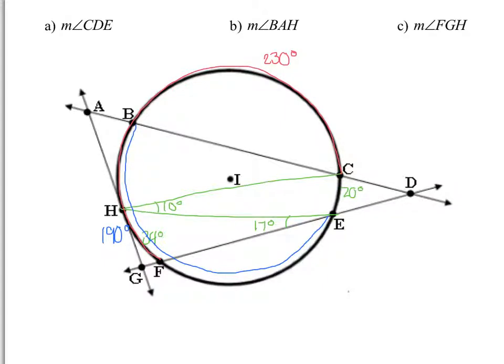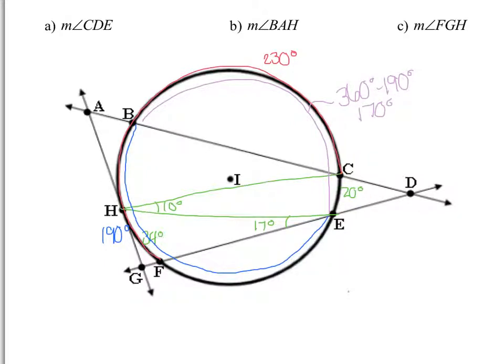All right, looking at this, I can see that this whole arc is 230 degrees, and this whole arc is 190. So if this is 190, this arc right here is going to be 360 minus 190, which is 170.